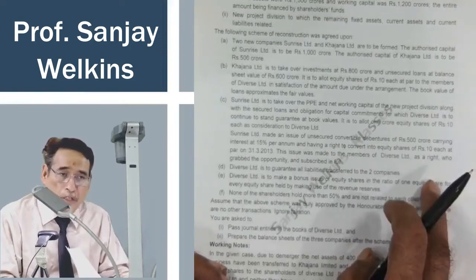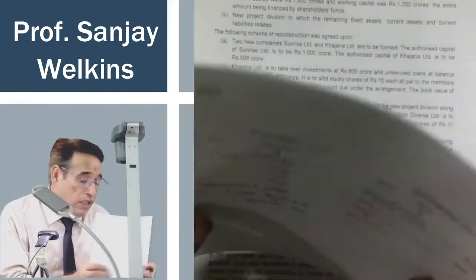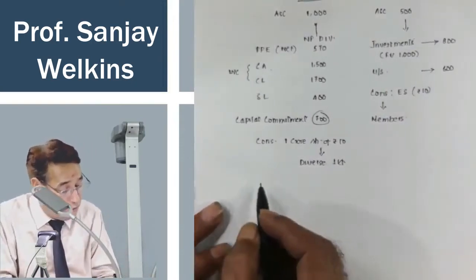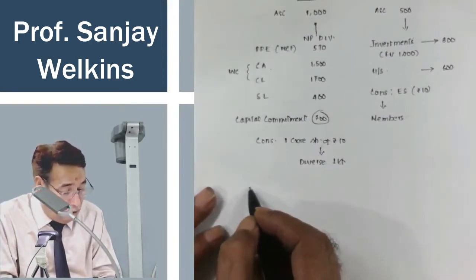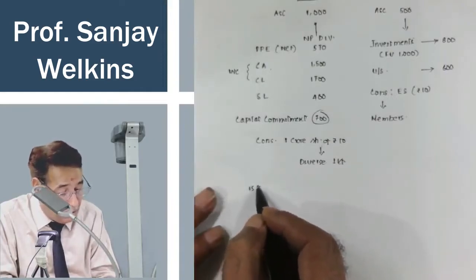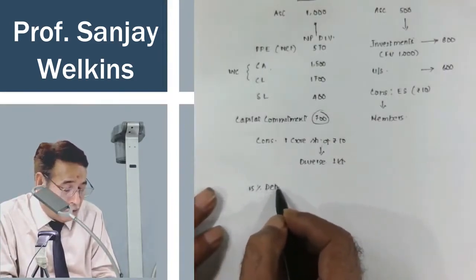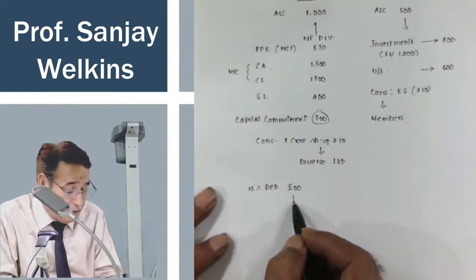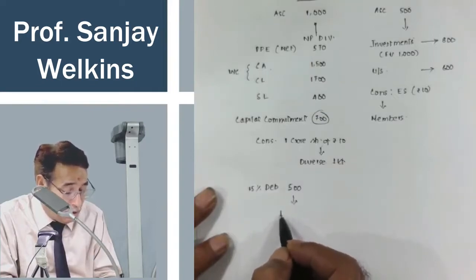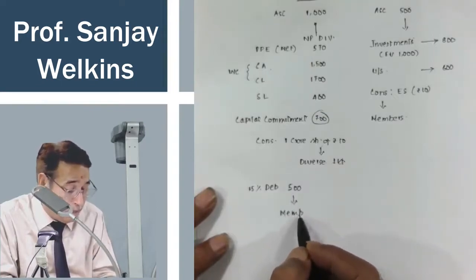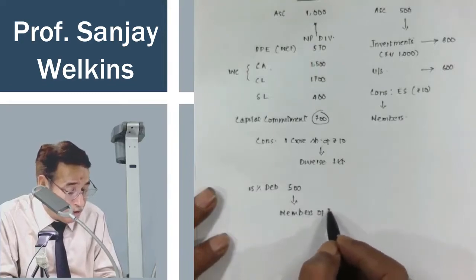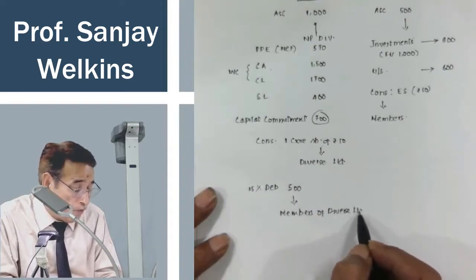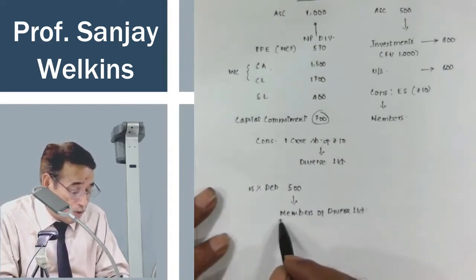Now this line is interesting, because first of all, let me write here, they are offering 15% convertible debentures worth 500 crores, and these debentures have been subscribed by members of Diverse Limited.